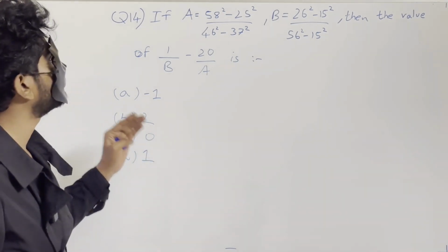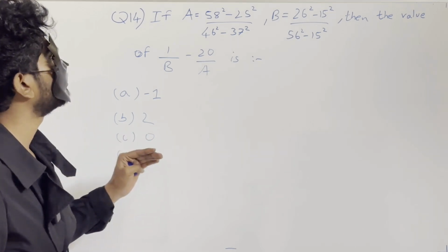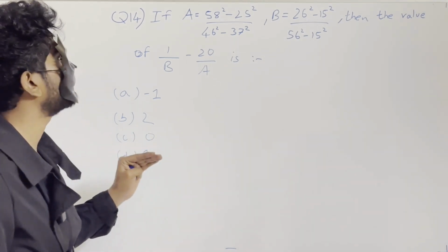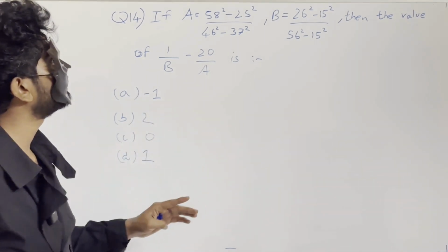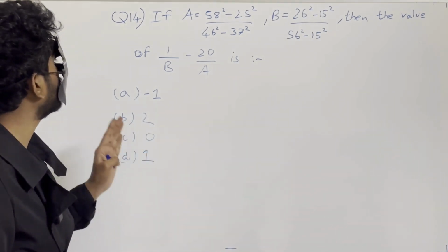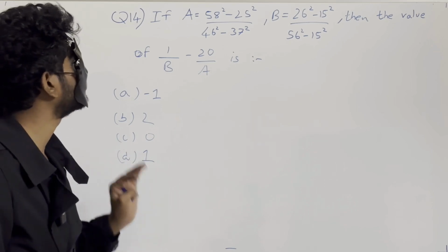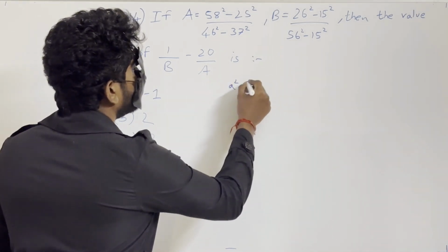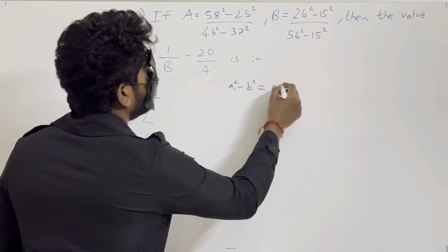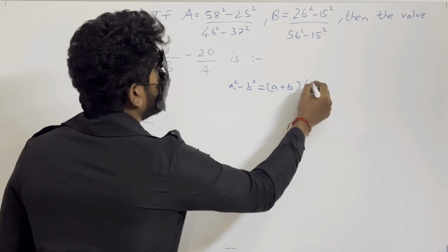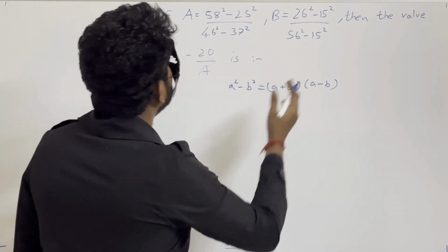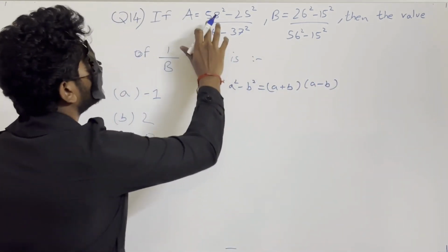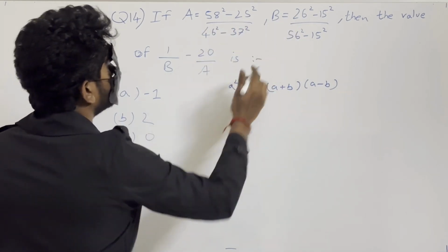So superhumans, next question is, if A is equal to (58 square minus 25 square) by (46 square minus 37 square), and B is equal to (26 square minus 15 square) by (56 square minus 15 square), then the value of 1 by B minus 20 by A is. You already know the formula that a square minus b square is equal to (a plus b) into (a minus b). The same formula will apply here.